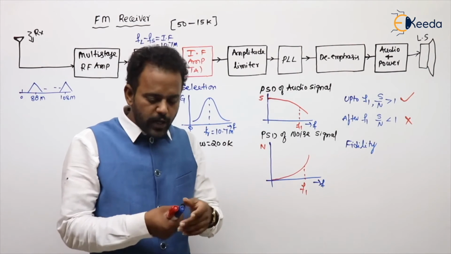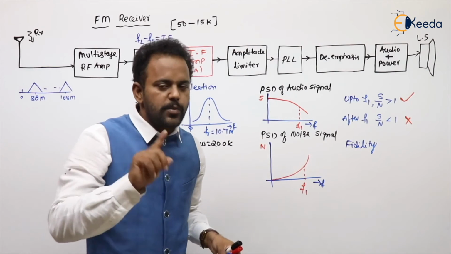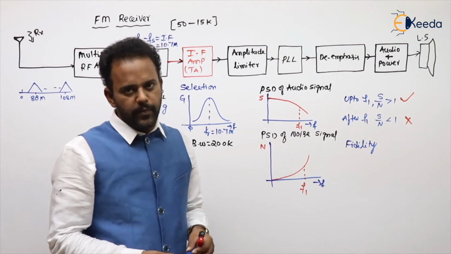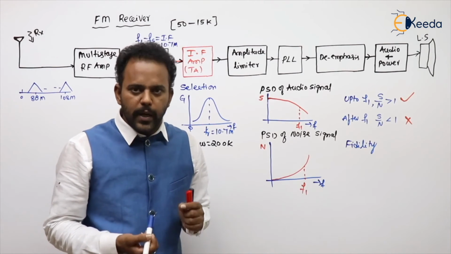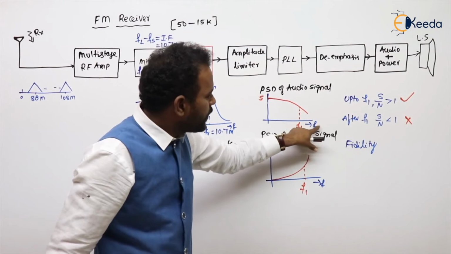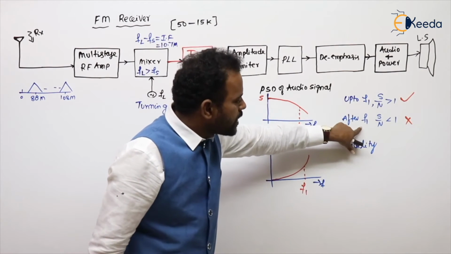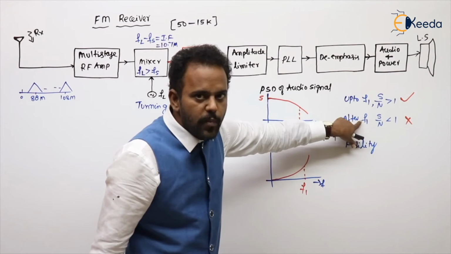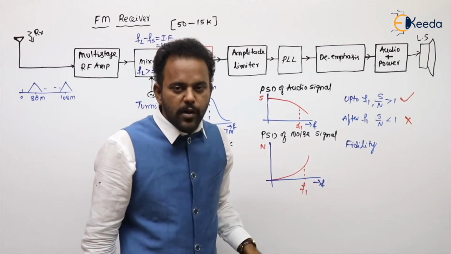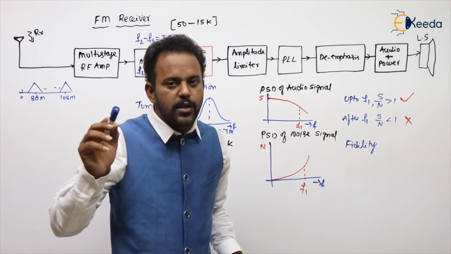So that's why we are going for a pre-emphasis at the transmitter and a corresponding de-emphasis at the receiver. What is pre-emphasis, sir? Pre-emphasis means, to reconstruct these higher frequency components, or to improve the signal to noise ratio of these higher frequency components, we are artificially boosting the higher frequency components.